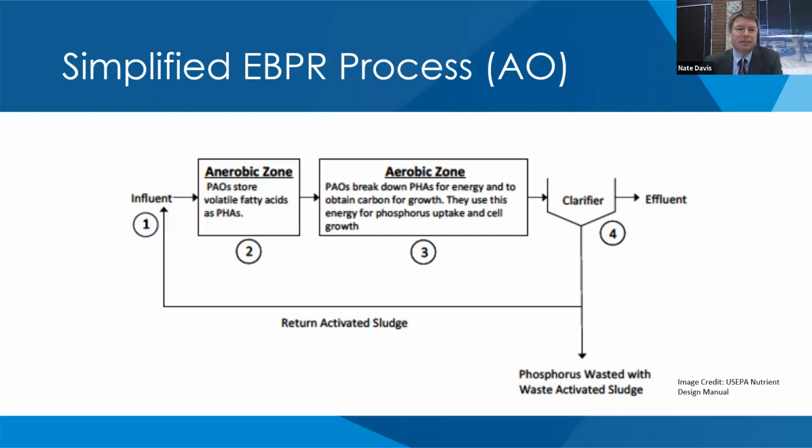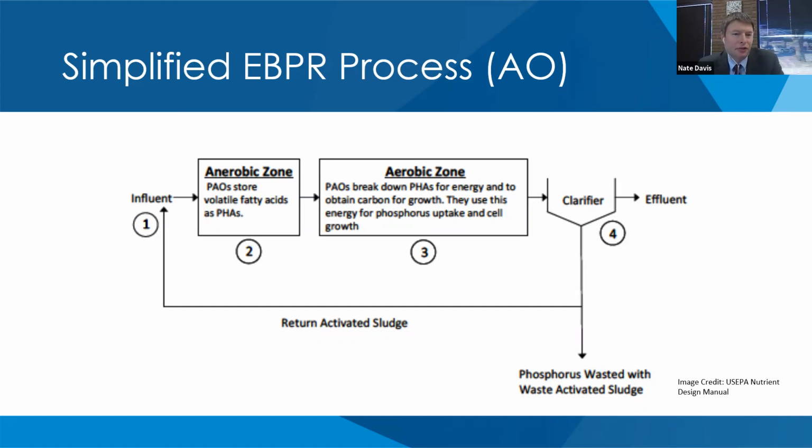So here's a simplified illustration of an enhanced biological phosphorus removal process. You'll see the acronym EBPR a lot, referring to enhanced biological phosphorus removal. I have to say, engineers are good at coming up with confusing acronyms that nobody likes, but if you see that, that's what it is.